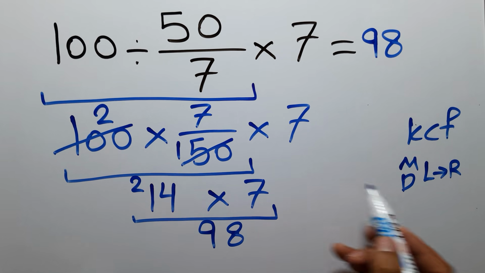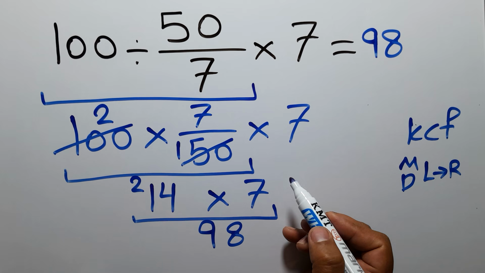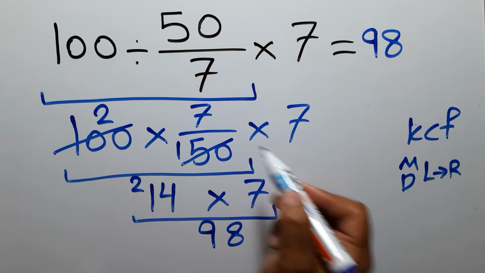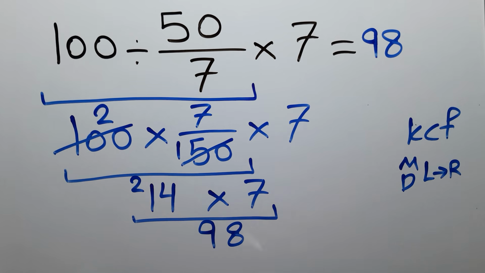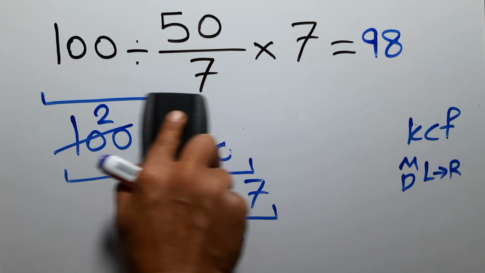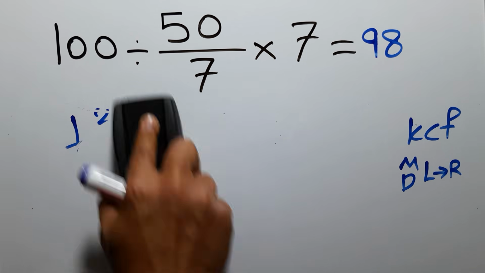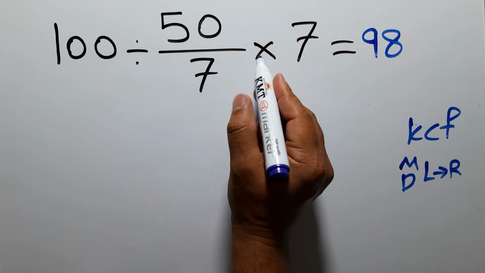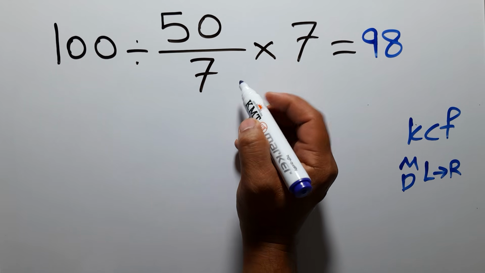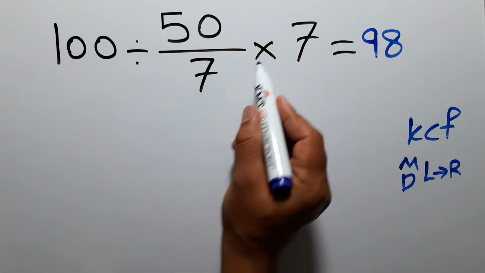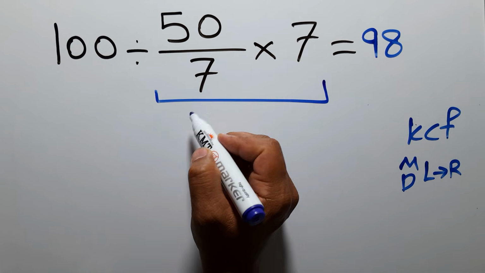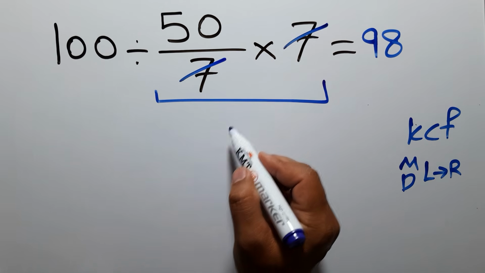But if you don't follow this rule and first do this multiplication, then this division, you'll get the wrong answer. If you do first this multiplication, 50 over 7 times 7, we can easily cancel this 7 and this 7.